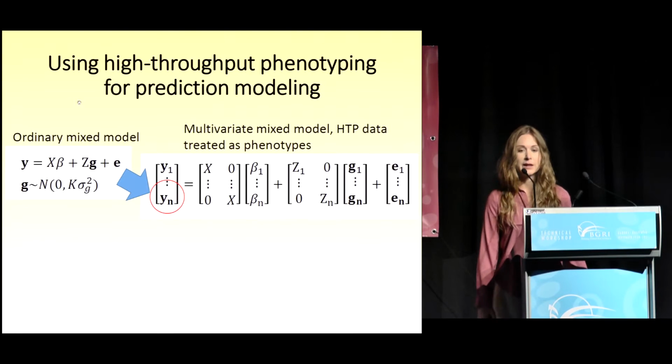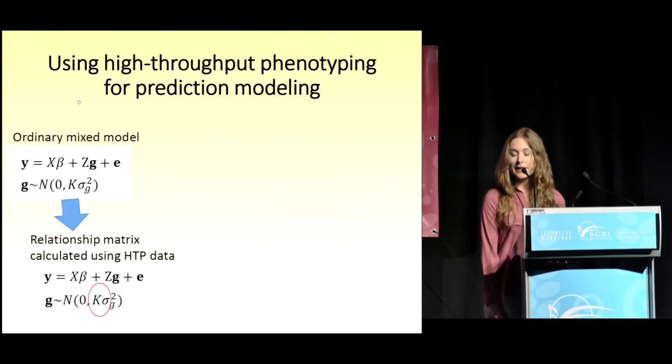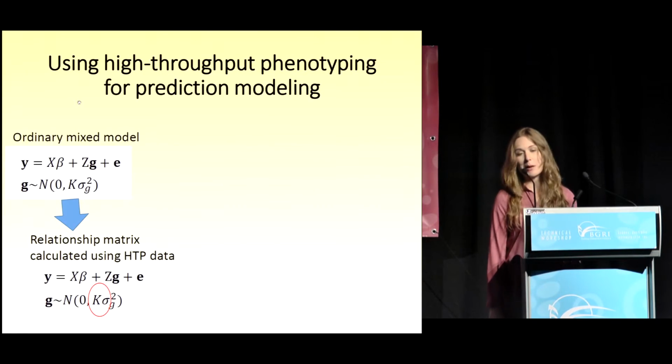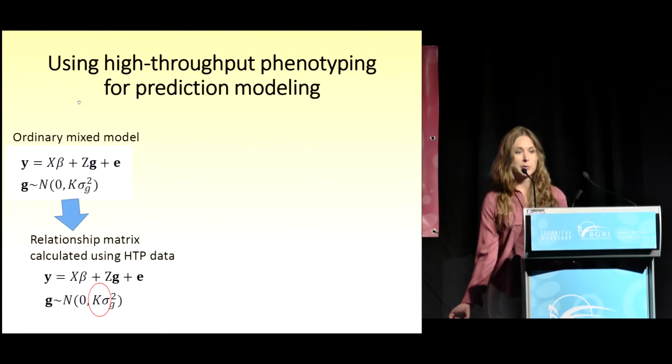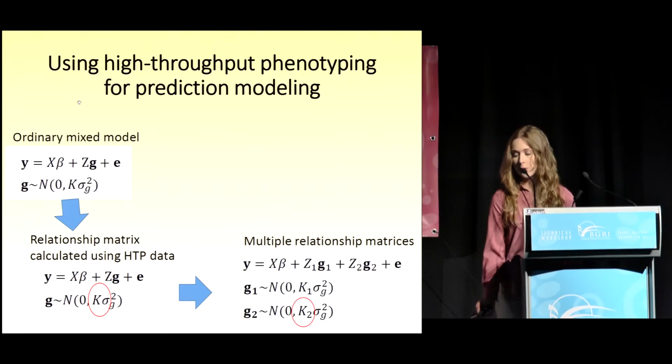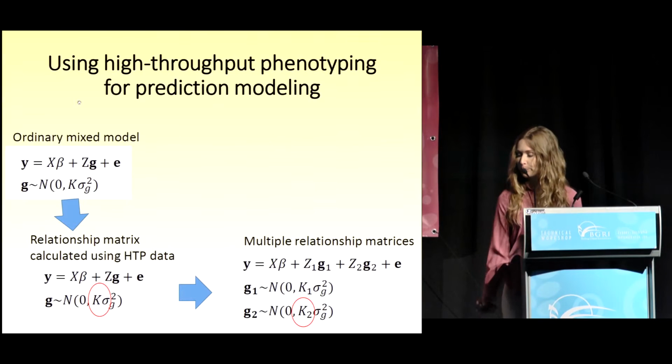And so this can be the correlated phenotypes from high-throughput phenotyping. Another way we can use the data is to generate a relationship matrix using high-throughput phenotypic data. So basically replacing the K, replacing a marker relationship matrix with a phenotypic relationship matrix. And we can use multiple relationship matrices to incorporate both kinds of data.